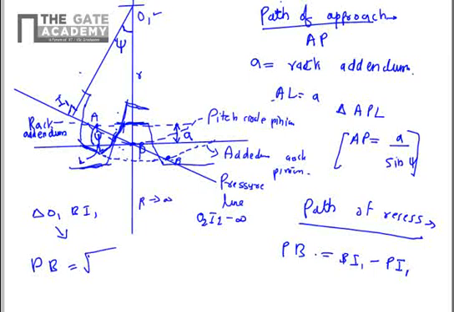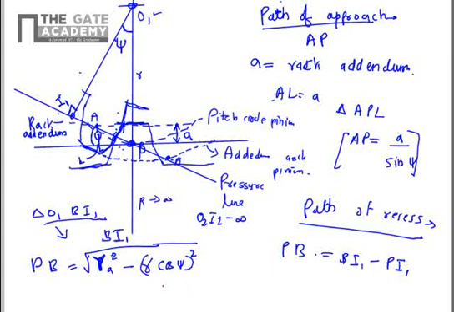BI1 is equal to the hypotenuse, that is O1B, the addendum circle radius R addendum of the pinion, squared, minus O1 I1 squared. O1 I1 is from triangle O1 P I1. O1 I1 is O1 P cos xi. O1 P is small r. So r cos xi whole squared.